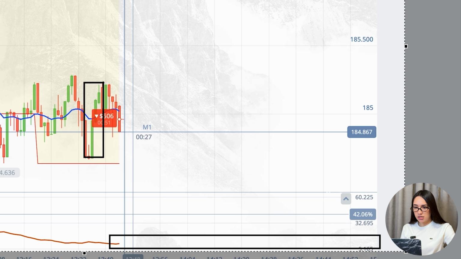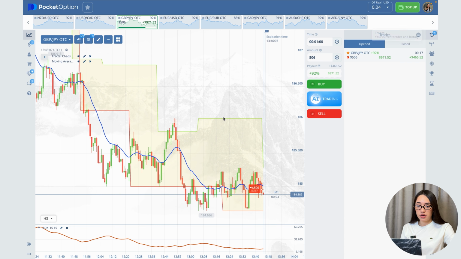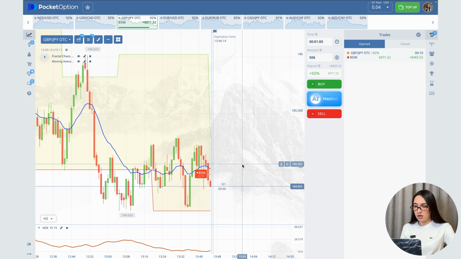We see that with the subsequent formation of a local high, after that the movement went down. There was a crossing of the sliding middle from top to bottom, and we are opening the deal almost at this intersection. So here, the opening must go down for sure. Well, we see the result.